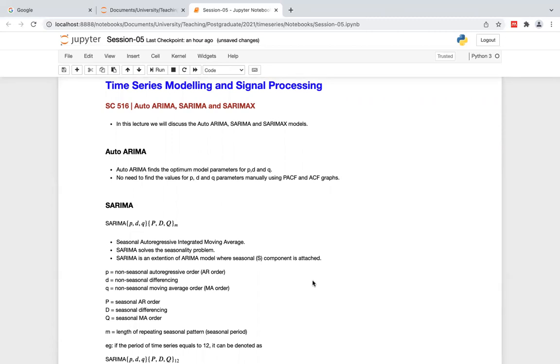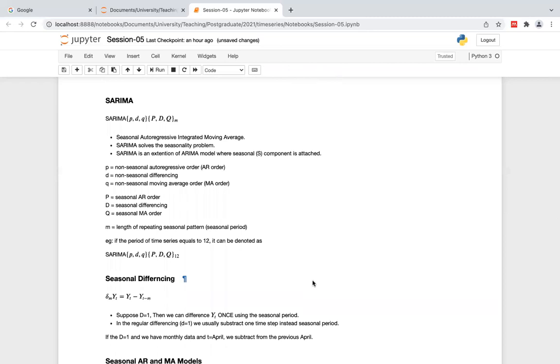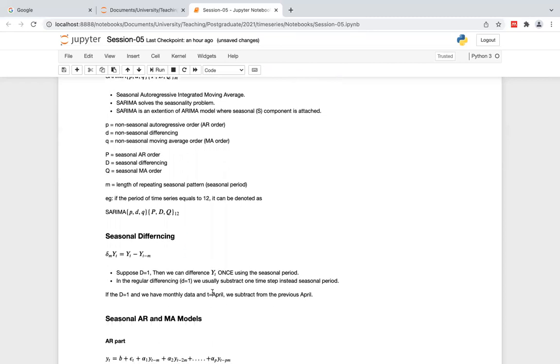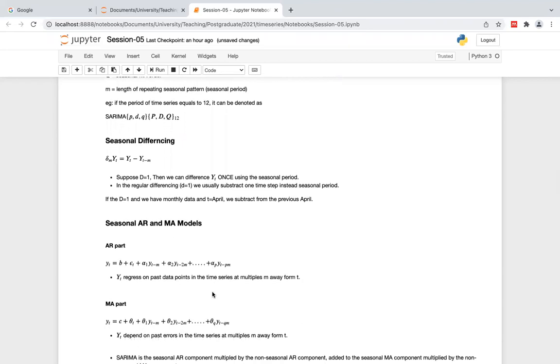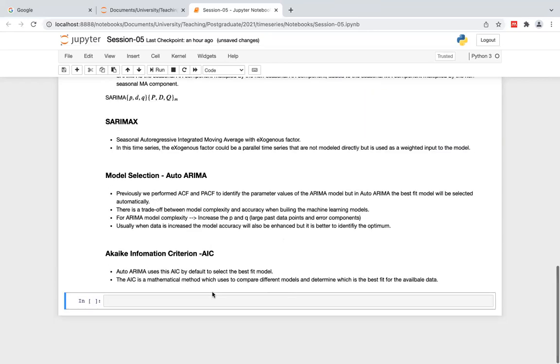In the auto ARIMA, we automatically identify the parameters instead of the manual process of PACF and ACF graphs. Then we discussed the SARIMA model and its parameters, what the purpose is, how we define them, how we interpret them, and how we incorporate them with the model.